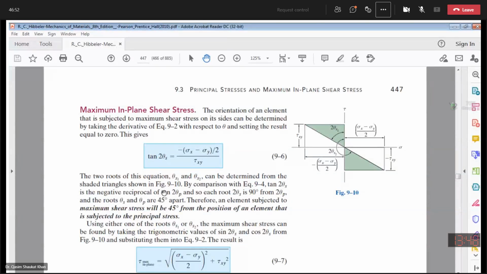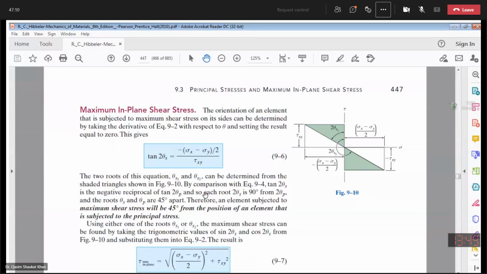Please note this down, and the equations are in front of you, so you can see that equation 9.6, which is tan 2 theta s, is the negative reciprocal of tan 2 theta p.